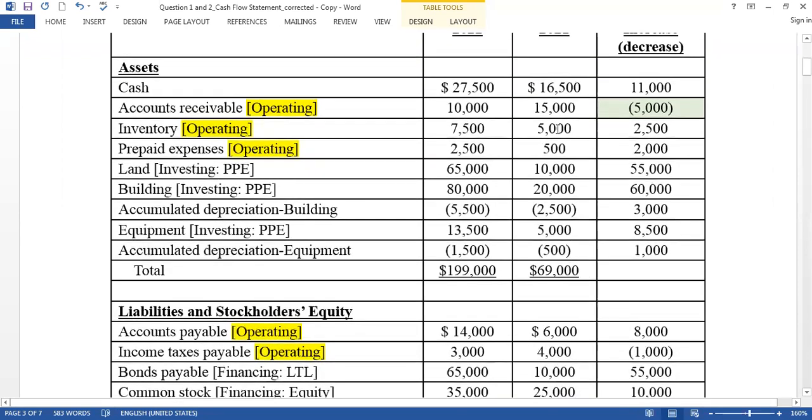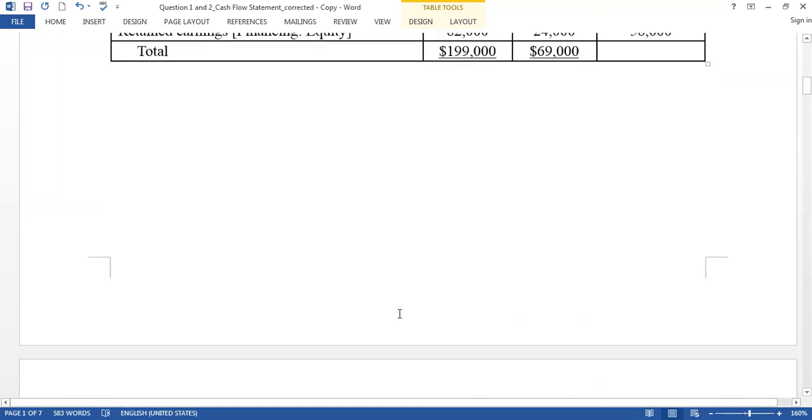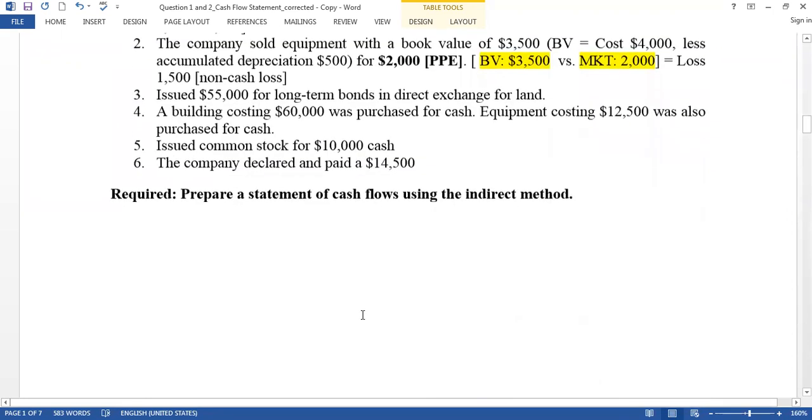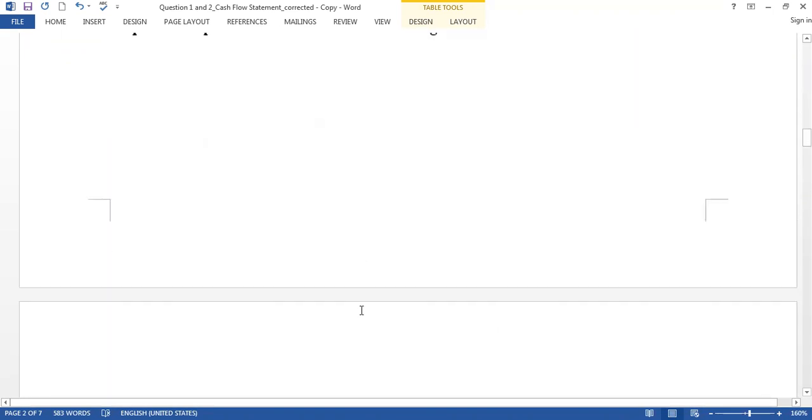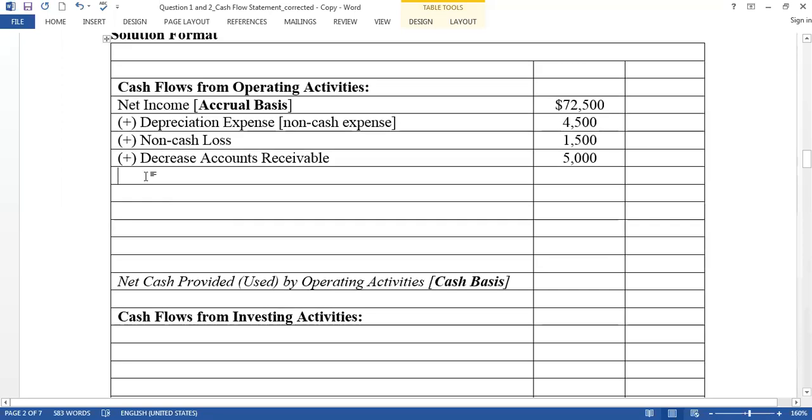Then what about the inventory? Inventory increase. What is the meaning of inventory increase? That means that you buy inventory and you pay cash to the suppliers. So it is minus, increase inventory. We buy inventory and we paid cash, so it is minus 2,500.